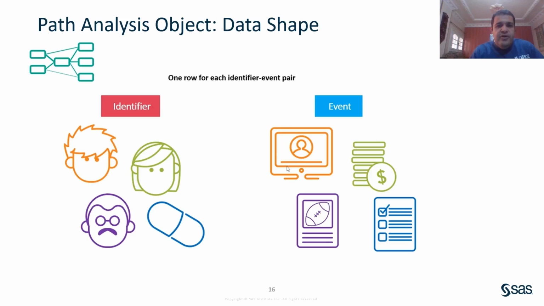The identifier can be a single student, a single customer, a unique visitor to the website, or a specific drug. The event represents the different nodes in the diagram. An event could be a class that the student takes, an interaction with the customer, the pages of the website, or the steps in the drug approval process.